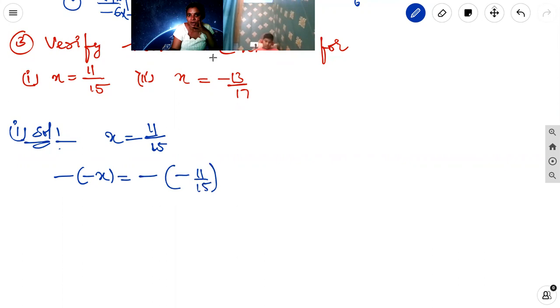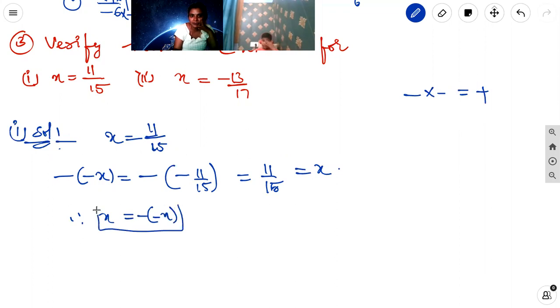Take the same signs; in place of x, write the value that was given. We know the basic property that minus into minus equals plus. So minus into minus is plus, that is 11 by 15, which is equal to x. Therefore, x equals minus of minus x.